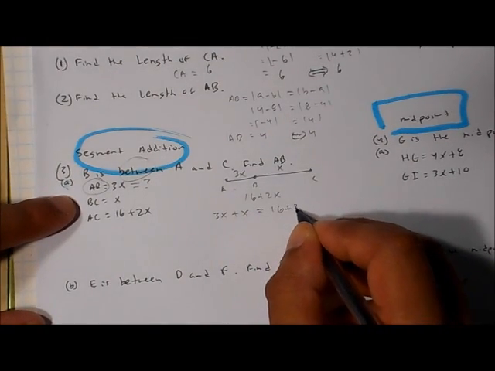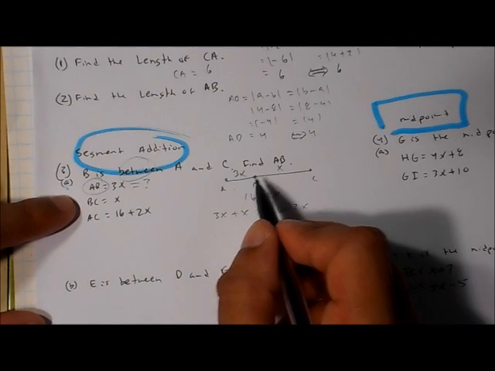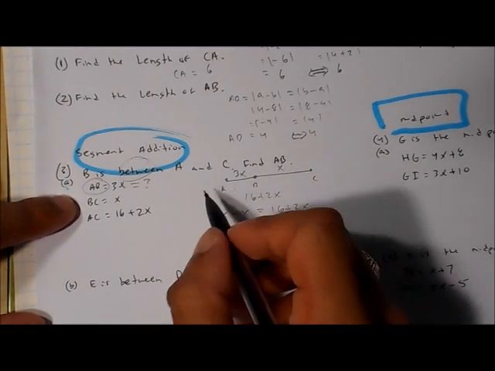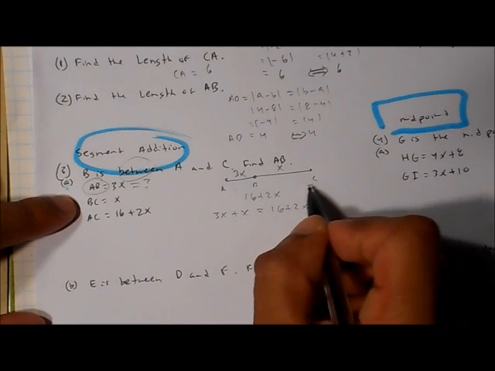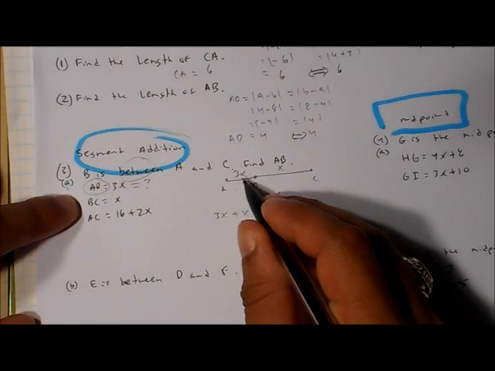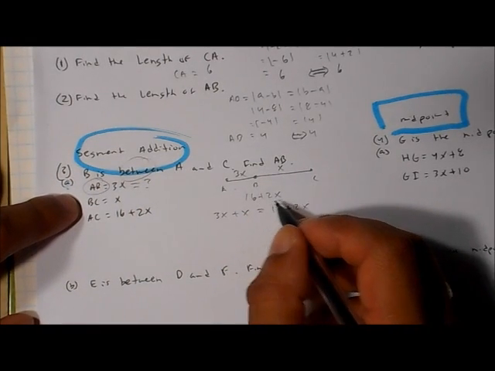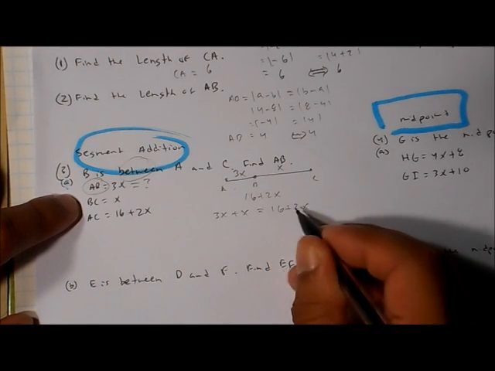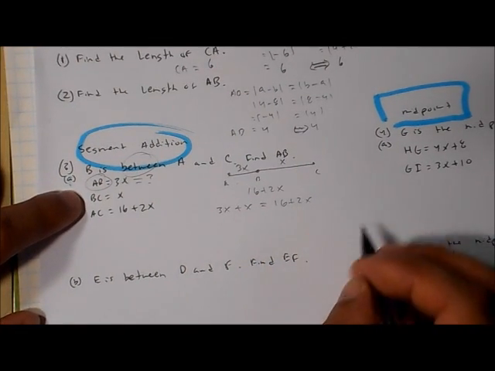So imagine having two candy bars of different lengths. One candy bar plus candy bar number 2 is equal to however long the whole candy bars are all together. So here in this case, we have 3x, x, and 16 plus 2x. Let's start putting them together.